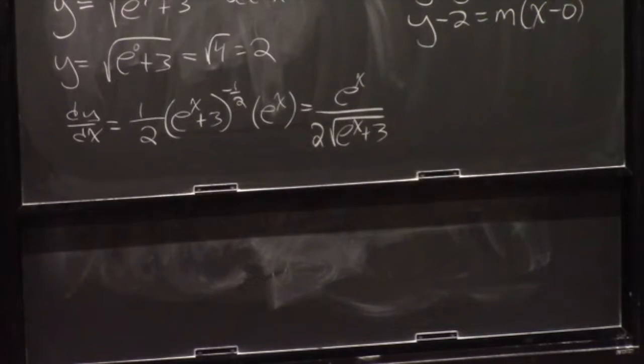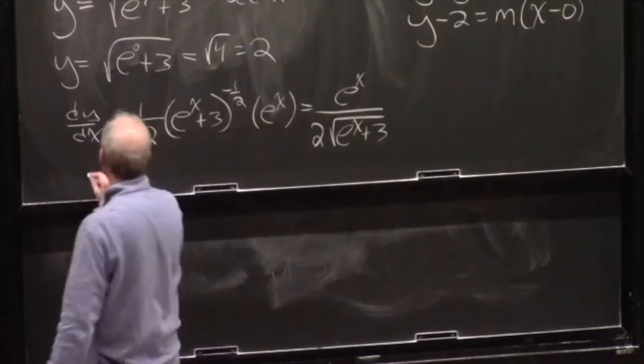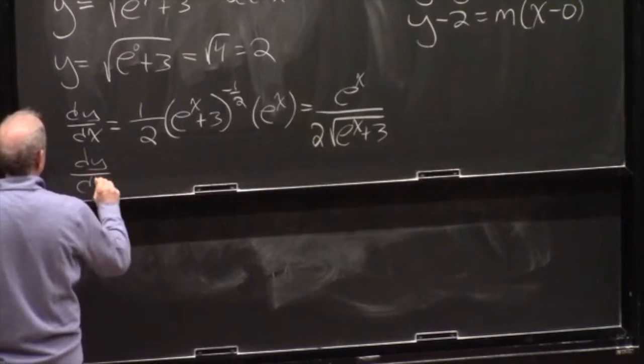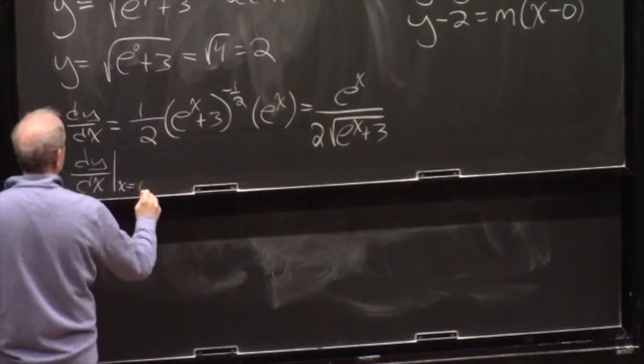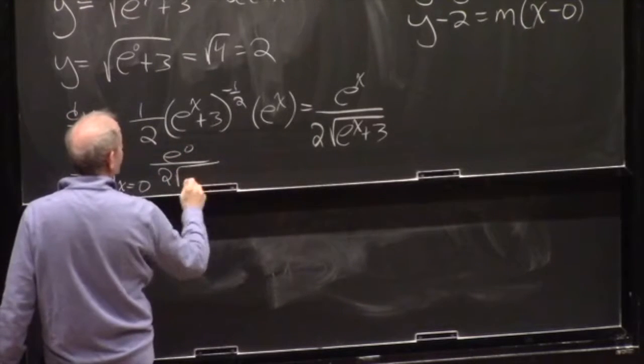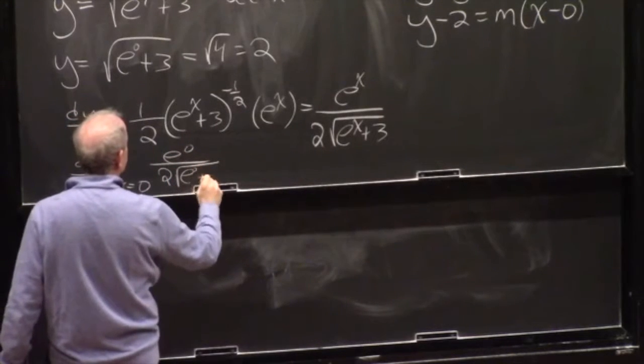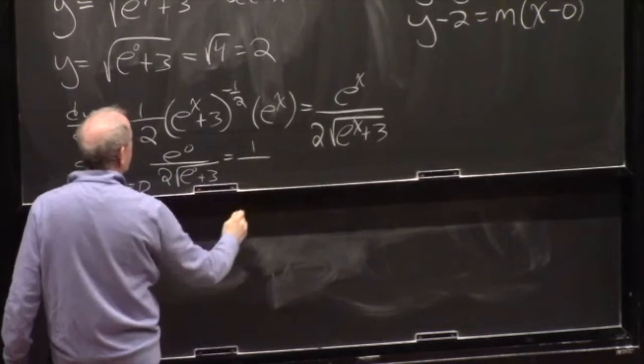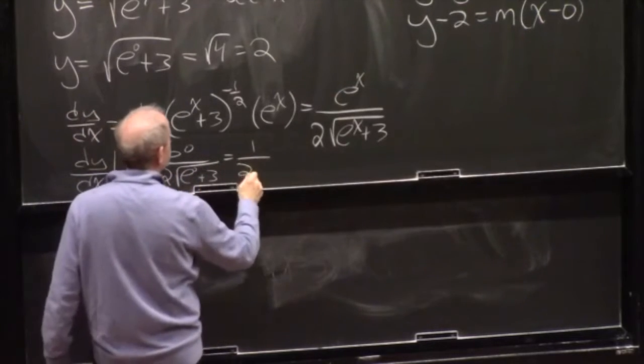So at x equals 0, we get e to the 0, or 2 radical e to the 0 plus 3. That's 1. And this is 2 times 2.